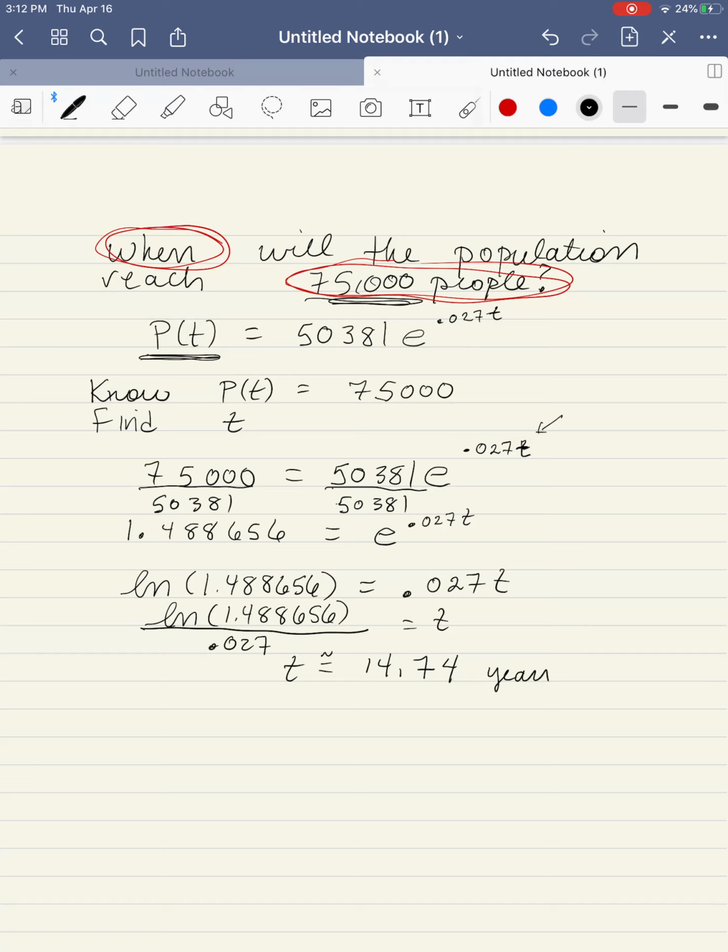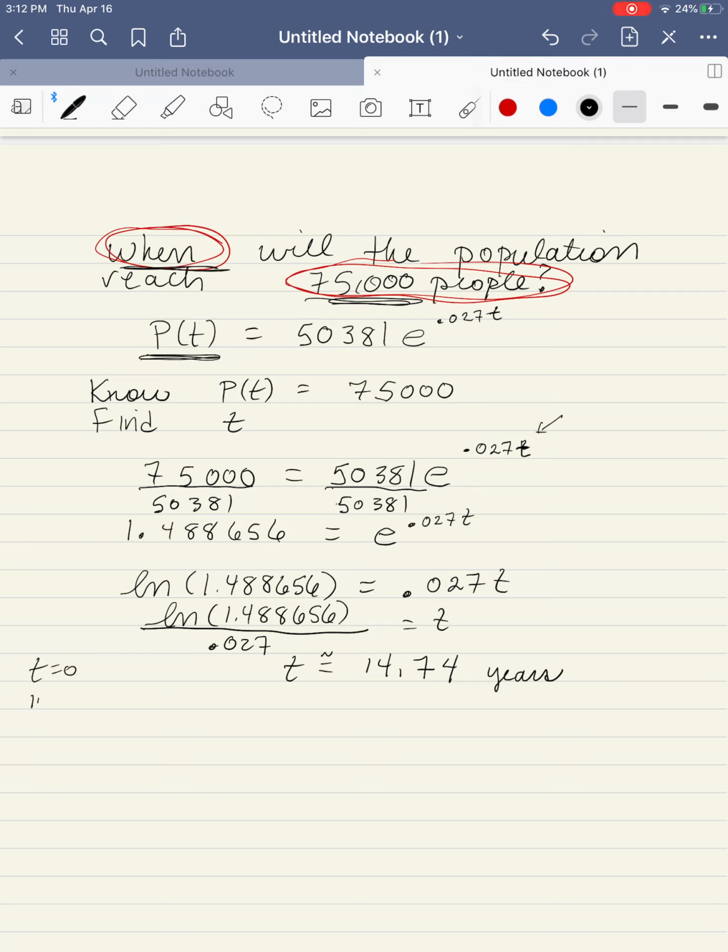I'm rounding to the hundredths place, and 6 is more than 5, so I go up to 4, and my units are years. So it's going to take me approximately 14.74 years.